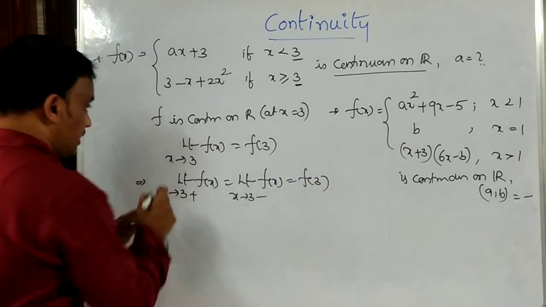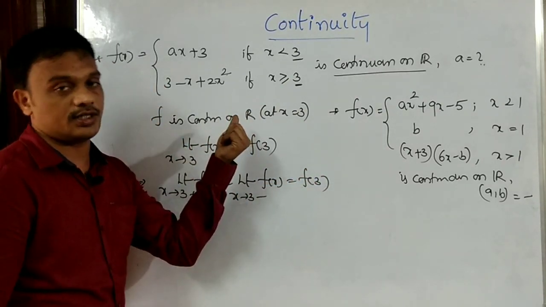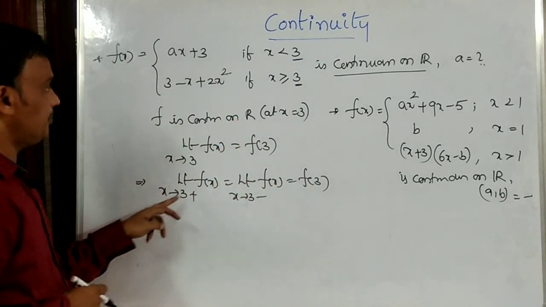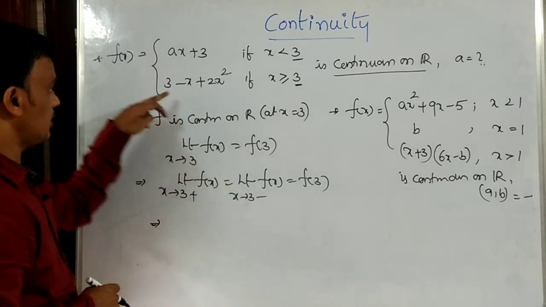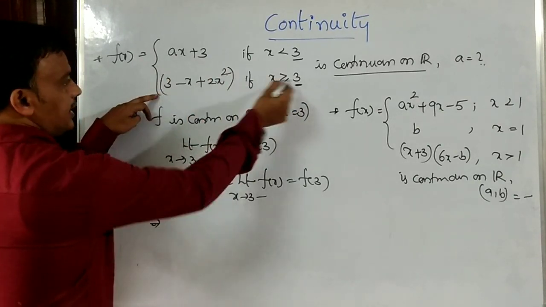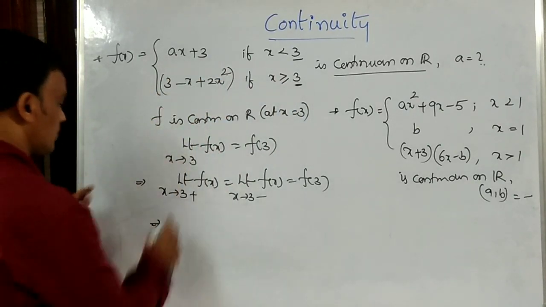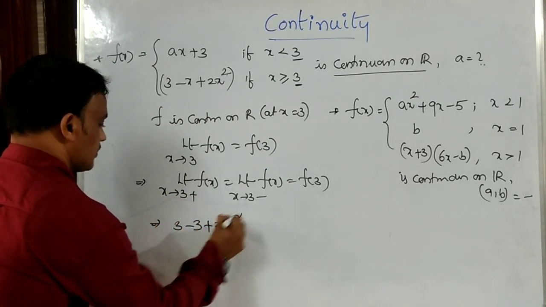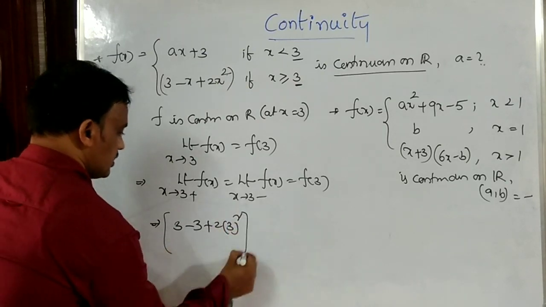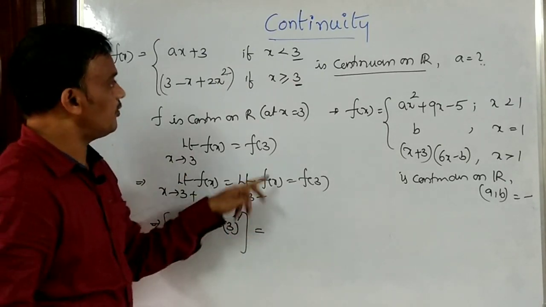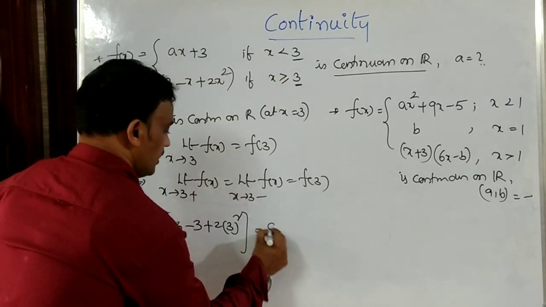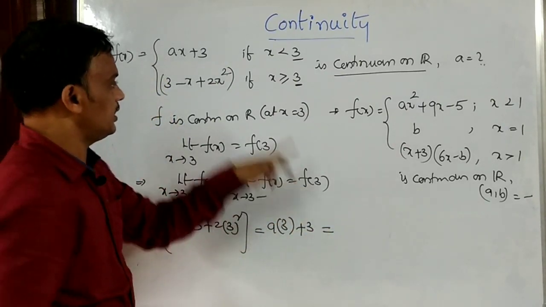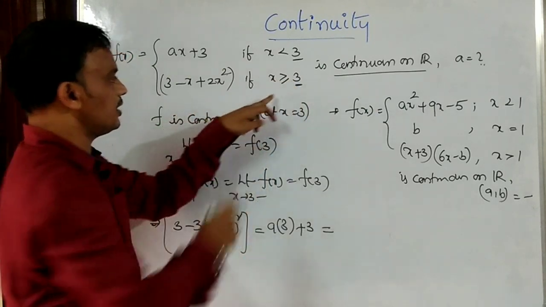Because the function is continuous, I am equating them. For x greater than or equal to 3, substitute: 3 minus 3 plus 2 times 3 square, which is the right limit. The left limit is a times 3 plus 3, which equals f of 3.